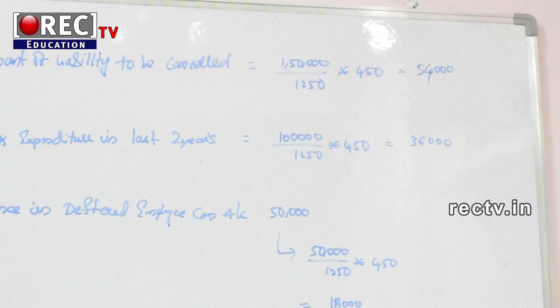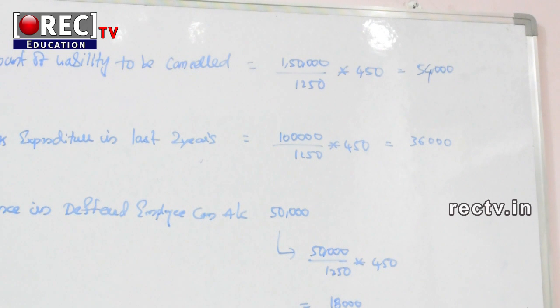And the balance in the deferred employee compensation account after 2 years is 50,000. That is, 1,50,000 we have written off for 2 years, 50,000 and 50,000, so the balance is 50,000. This amount represents the cost yet to be written off to the P&L account for 1250 options. For this we have to remove the cost relating to 450 options.